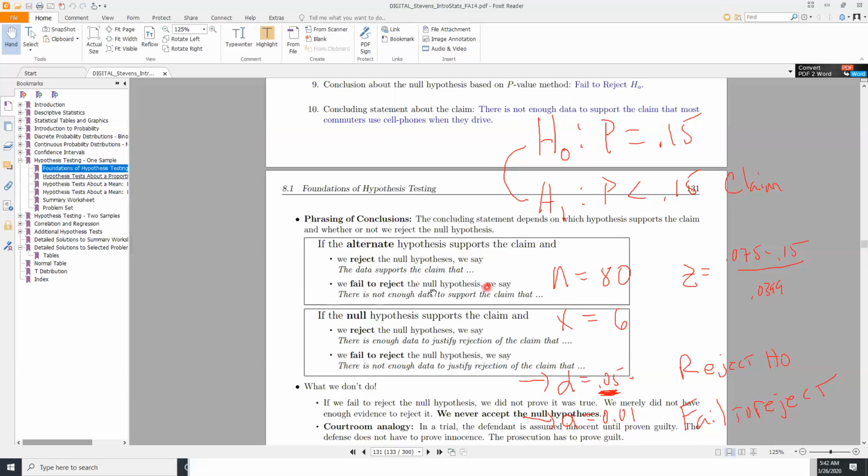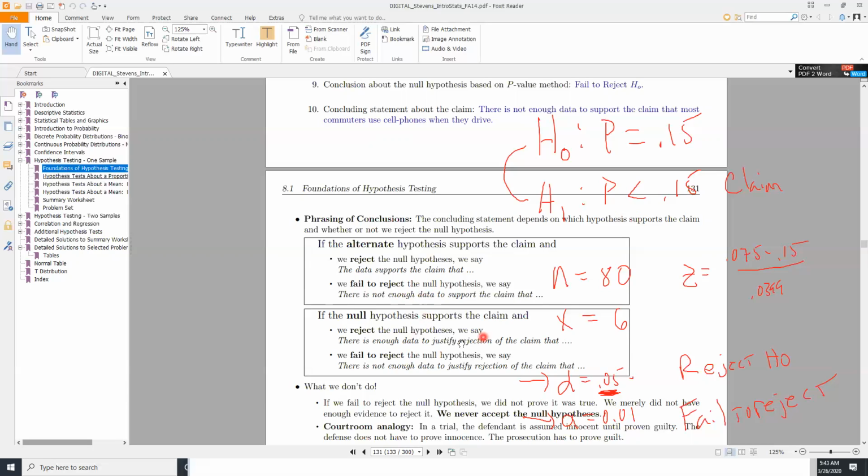That was a claim, and we reject the null hypothesis. We say the data supports the claim, and that's kind of the same as the flow chart. This is where he differs a little bit. When we failed to reject H0, he says there's not enough data to support the claim. I don't like that phrasing. There's enough data. It didn't support it. Okay, so you can go with this one. He's perfectly right. That's fine. It's just that's my preference, and either one's right.